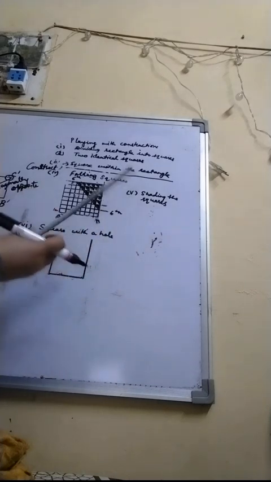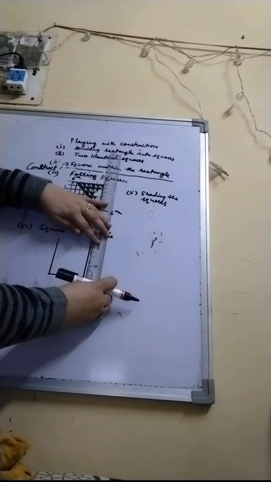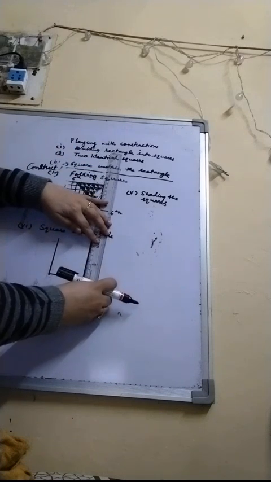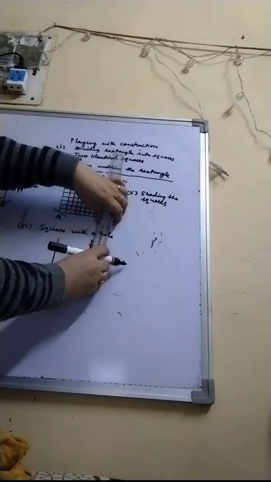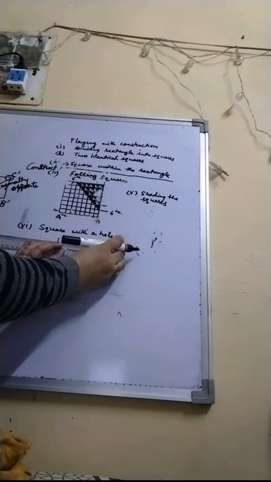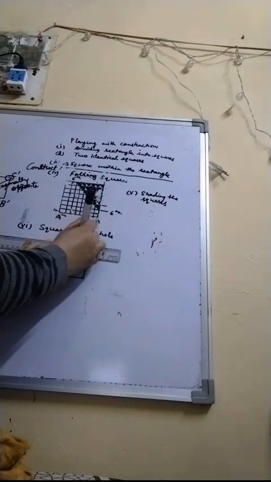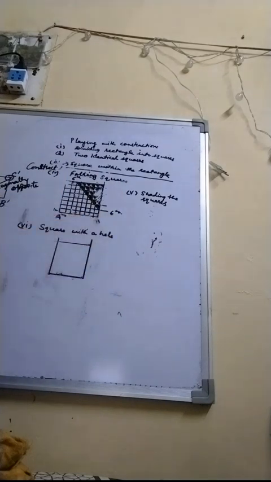You can start with 0 line and go till 7th. Now join the two and you get the square.